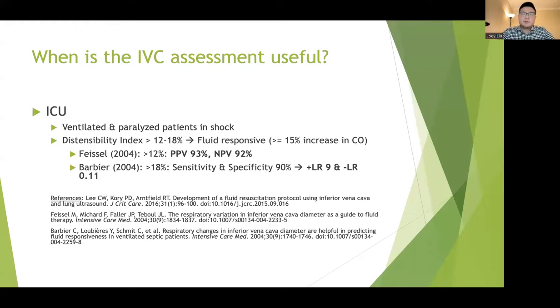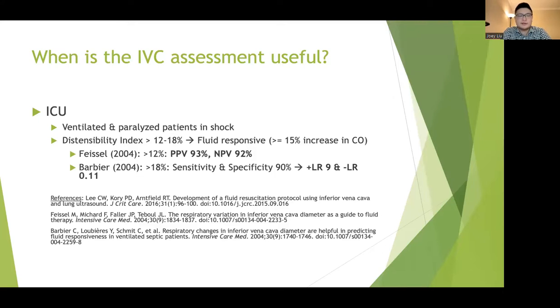So this leads into our discussion of when the IVC is potentially useful. Thinking back to the different categories we had, where patients are either spontaneously breathing, ventilated, or kind of in between. In these ventilated patients who are paralyzed, we actually have two studies from 2004 that were reviewed in 2016 by Lee AL, examining patients who are ventilated and paralyzed who present to the ICU with shock.